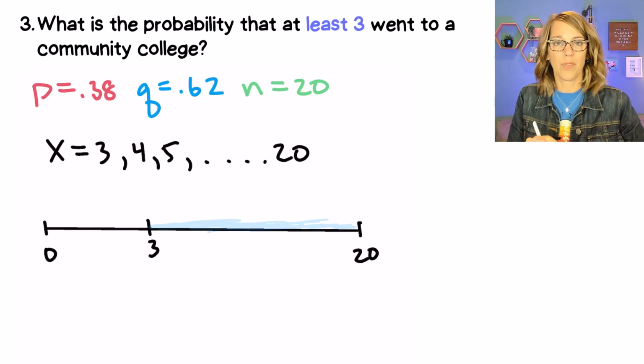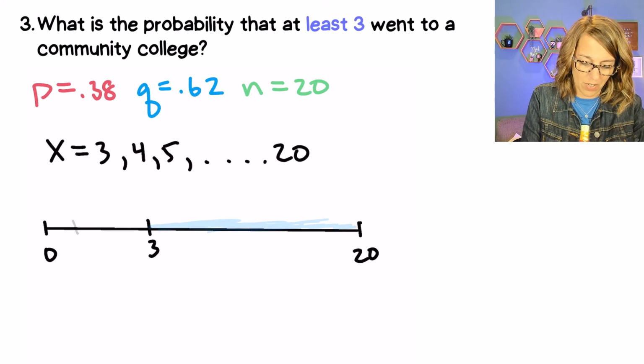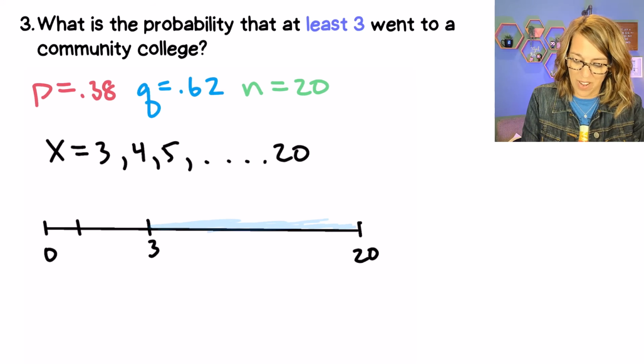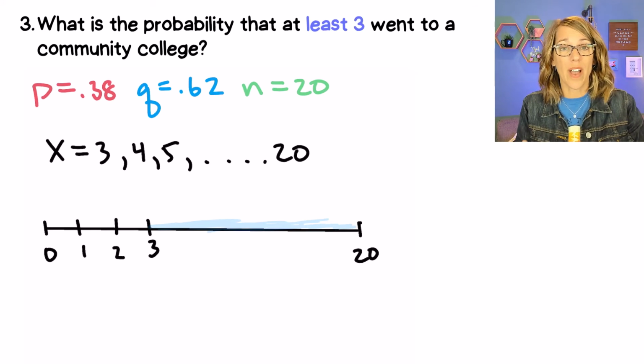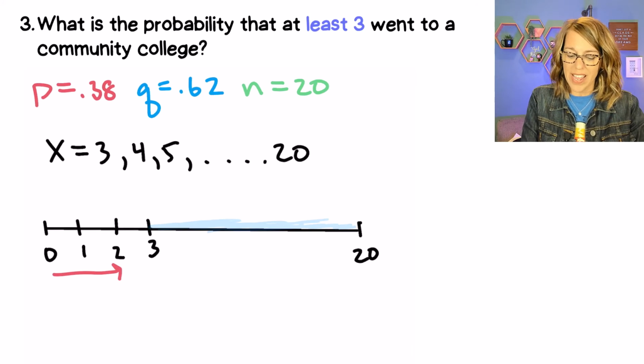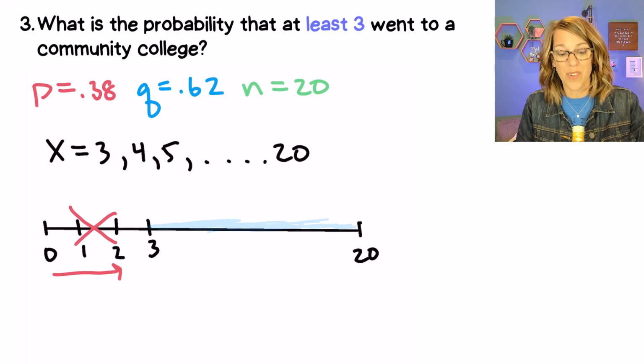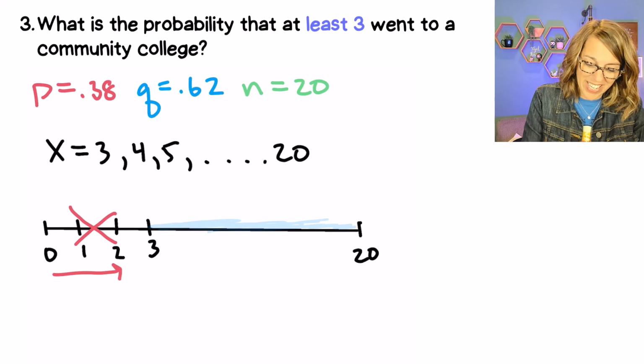What I don't want, remember x is a counter, I don't want 0, I don't want 1, and I don't want 2. If I have to use a 0 up to, I'm going to use 0 up to 2 as what I am getting rid of. And then I want to keep 3 through 20. So I want you to think of it this way.